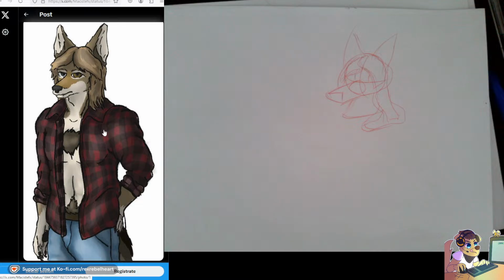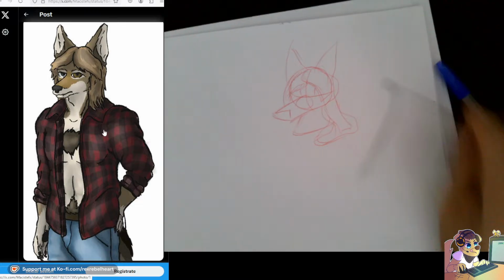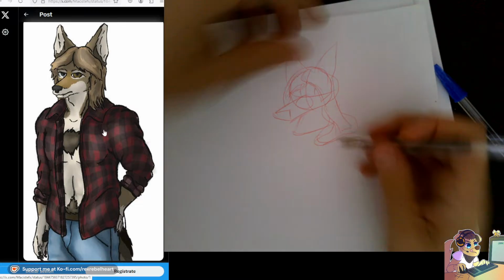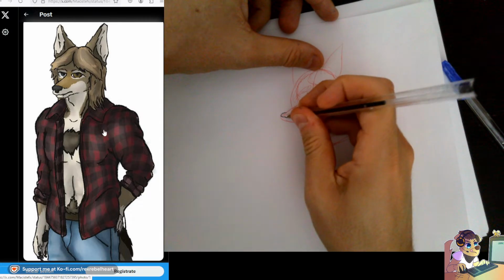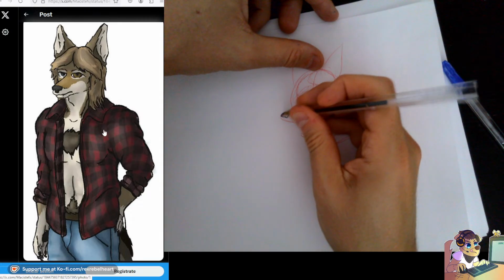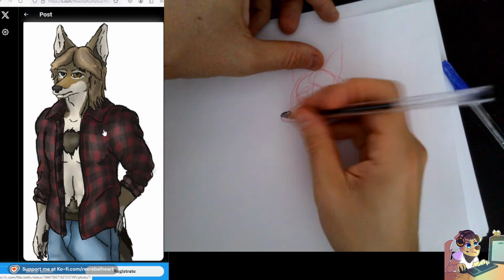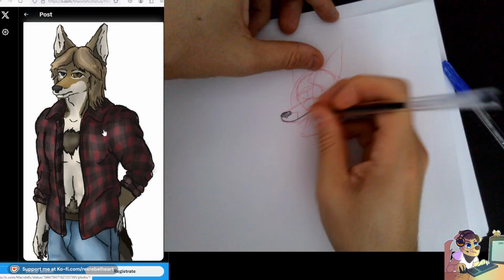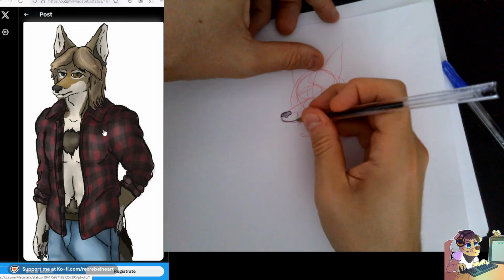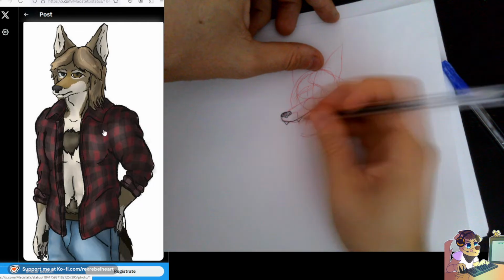That's kind of fun. Okay. So it's got kind of the mushroom nose. Cool. It's got the teethies.